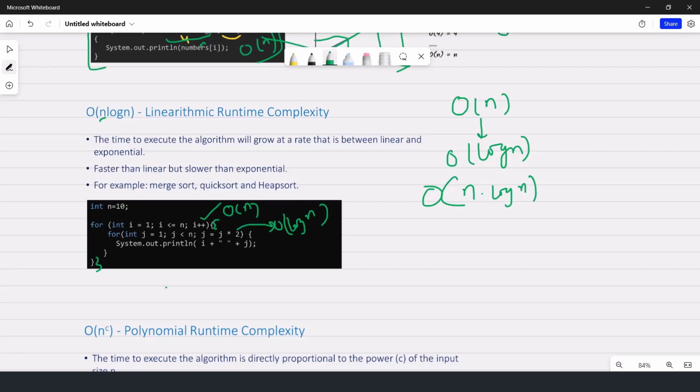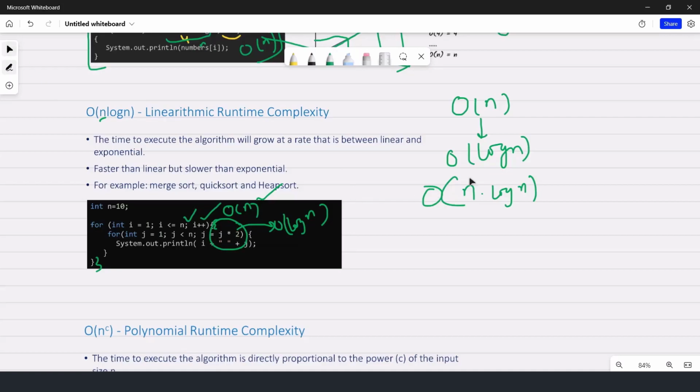So if I break it down, the outer loop runs n times, where n is the value of the variable n. So the time complexity is going to be O of n. And the inner loop runs log of n times, because it is getting incremented by j into 2.